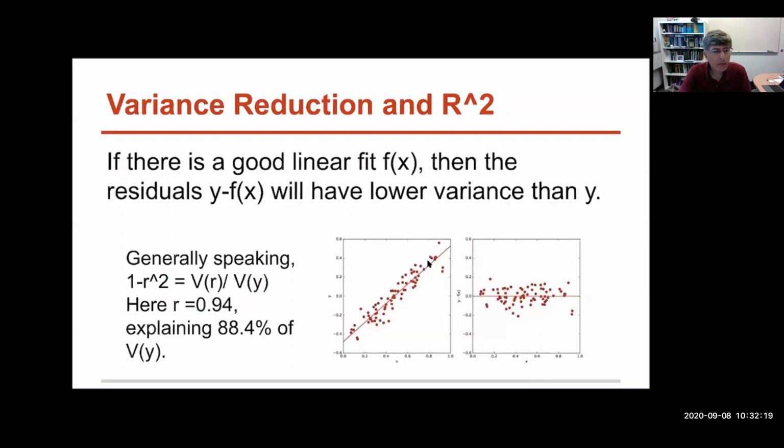In this case, this particular correlation of 0.94 would explain 88% of the variance, okay? And that makes sense when you see that the range of the values on this side is about up to 1. The range on this side is a lot closer to 0.2, and things are much more centrally located. Any questions about what it means to explain the variance?